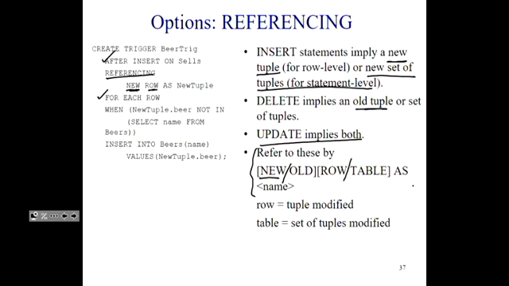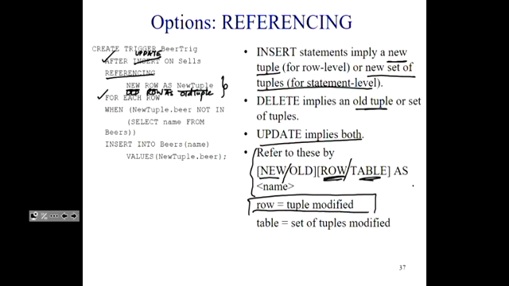Okay, so if I instead had after update on cells, I might want to have new row as new tuple, old row as old tuple, right? That's totally fine. So that allows me to refer to the old and the new tuples and do some check that involves both of them. And between row and table, if I am using a row level trigger, then I would prefer to use the row.